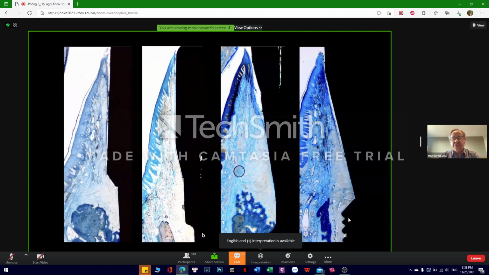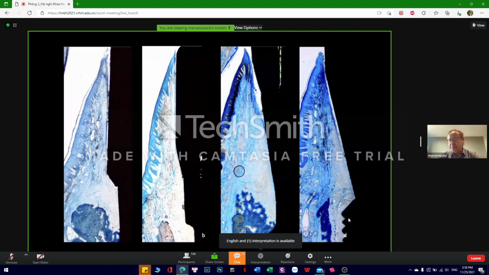And as you can see from these histological images, the soft tissues around dental implants, which normally adhere and adapt to the abutment, have different qualities.